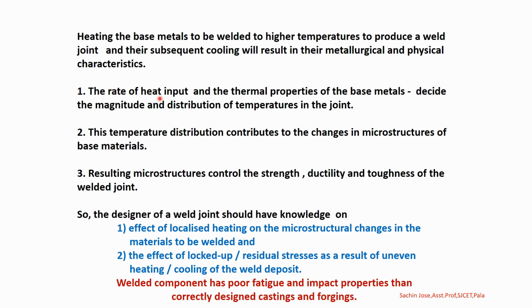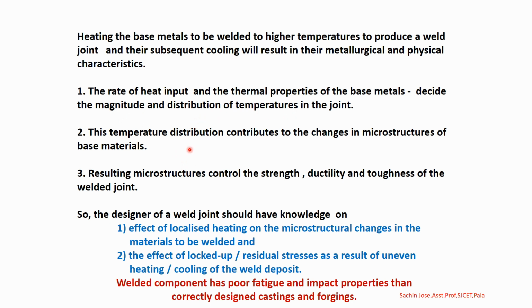The rate of heat input and the thermal properties of the base metals decide the magnitude and distribution of temperatures. Okay, as an engineer, you must look into this part. The rate of heat input and thermal properties decide the distribution of temperature in the joint.